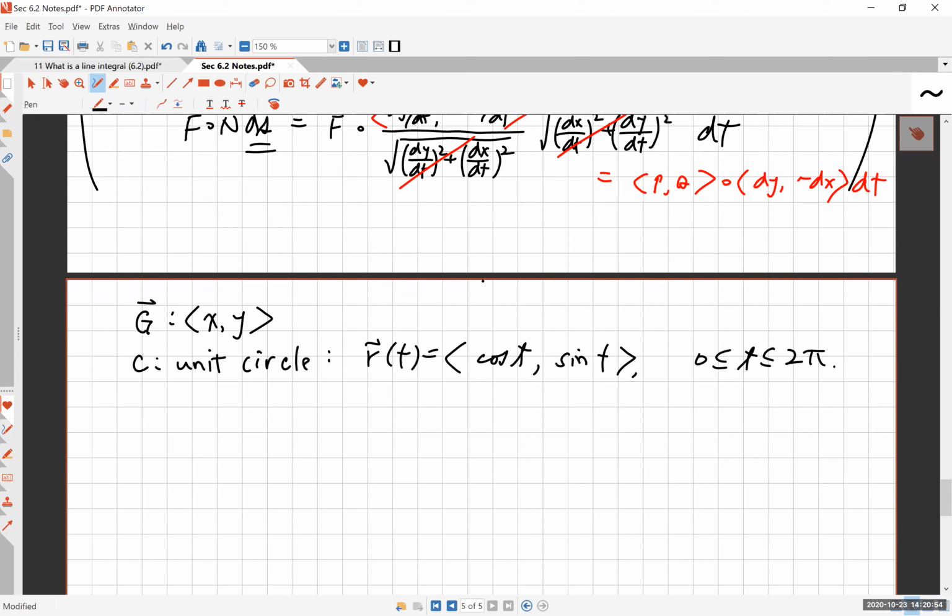I'm going to draw a picture, and then I am going to ask you to find the flux of G across C. Because flux goes from one side to the other, we say across a curve. And then the work done by G along, or on, C. I'll clarify what I mean by this, but let me draw a picture and then I will explain what these things mean.